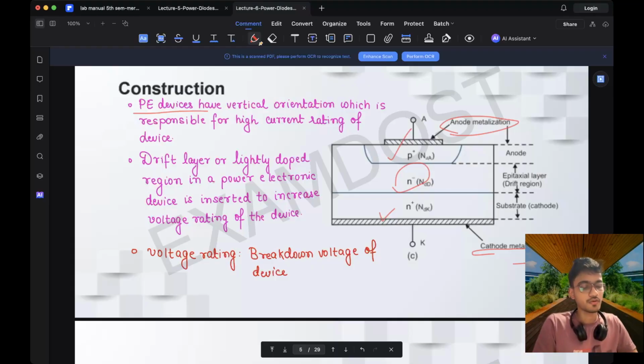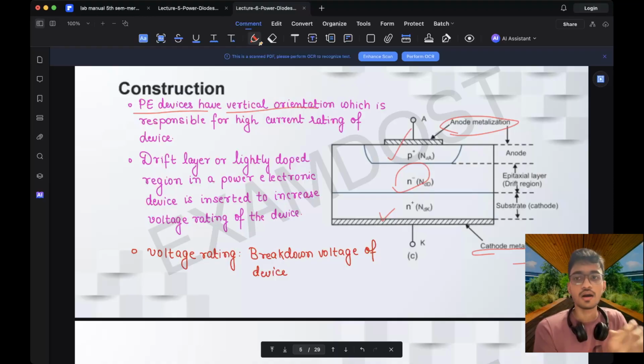Drift layer, we'll understand why this drift layer is introduced. First of all, power diode has vertical orientation. We can say power electronic device. That means power diode, power MOSFET, power BJTs, IGBT.